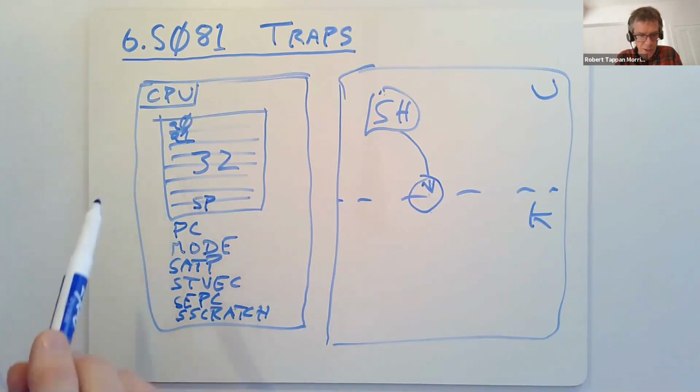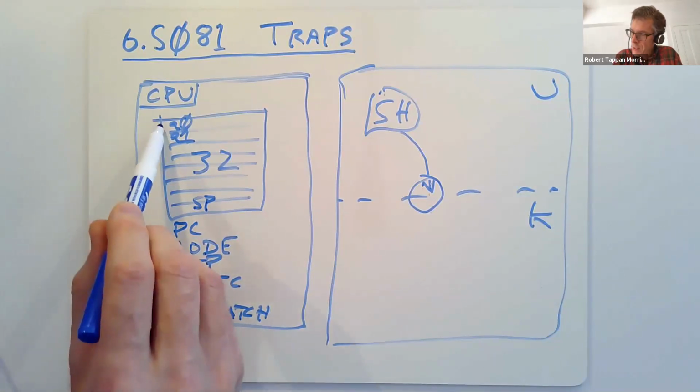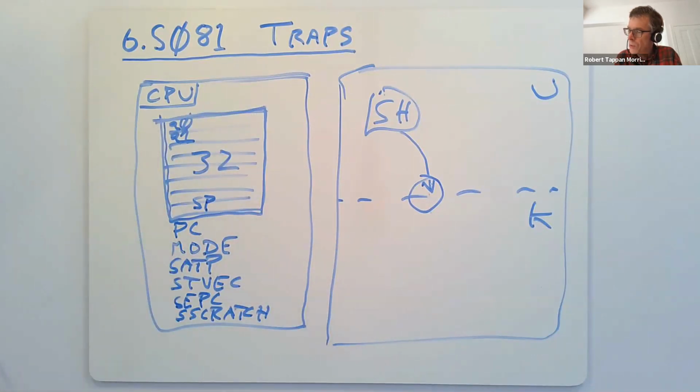So the things that are going to need to happen is kind of a preview of what I'll talk about. One is that we need to save all 32 registers because we want to resume the user code transparently, particularly if there's a device interrupt, which the user code isn't expecting. And we want to be able to have the kernel serve the interrupt and then resume the user code without it ever noticing any difference.